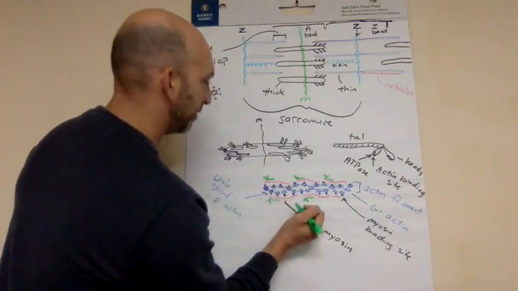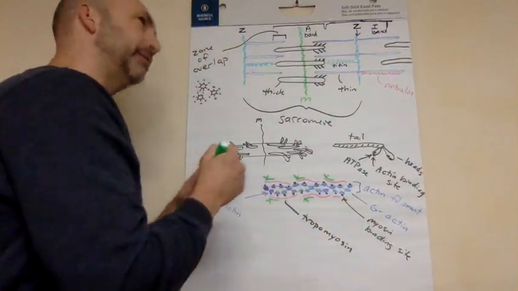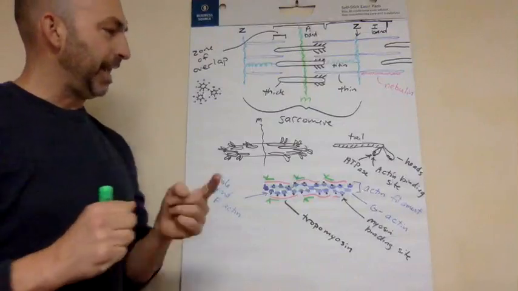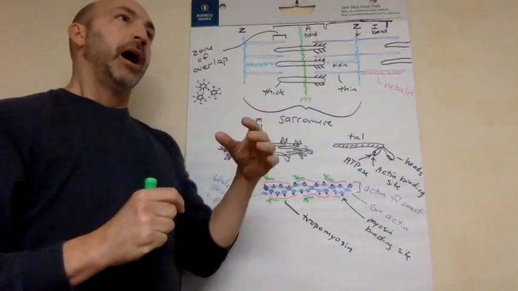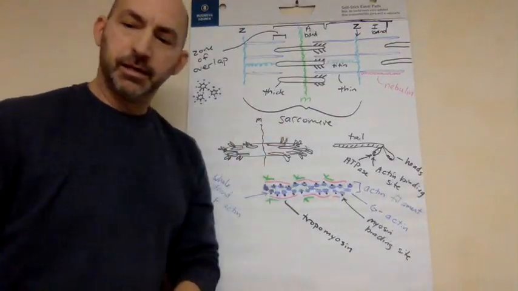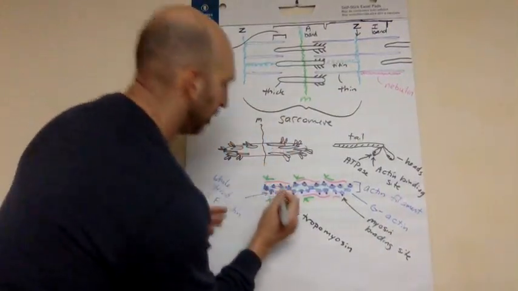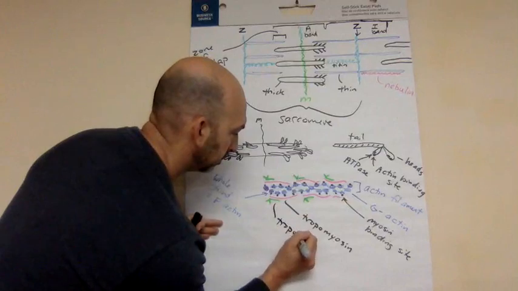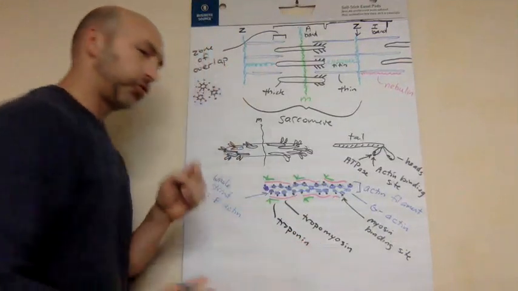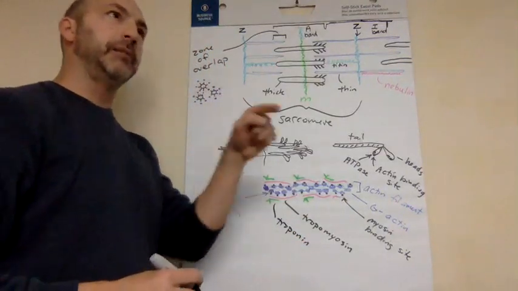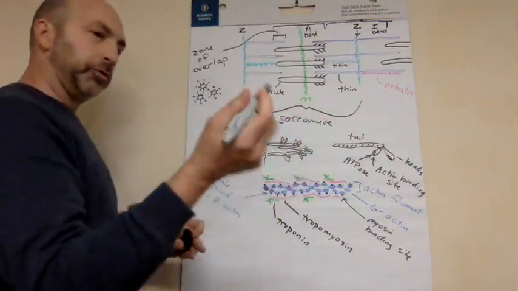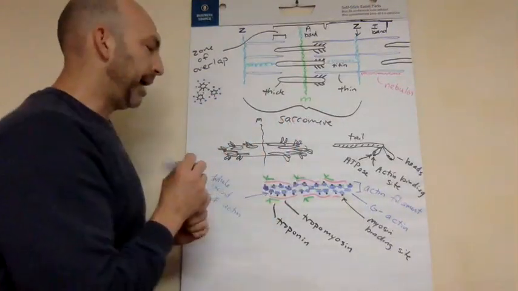Now, troponin's got multiple components that do separate things, but for our purposes, all we really need to know is that it has a calcium binding site. Let's label that. So troponin is the calcium binding protein in striated muscle. So we'll do little dots here as our calcium molecules.